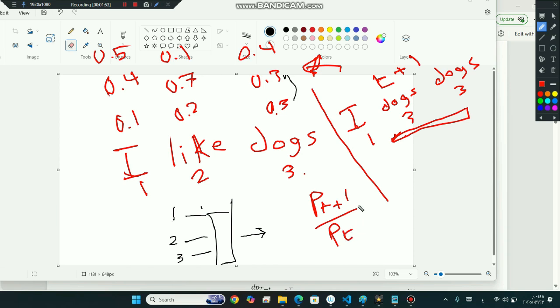This is not true. This is a mistake. If you look at the paper, the ratios will be from the same time step. But the input to the model, which are the indices or the vectors describing the words of the noisy step we are trying to come back from, are from t plus 1.